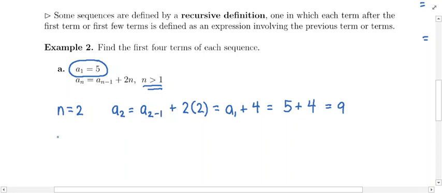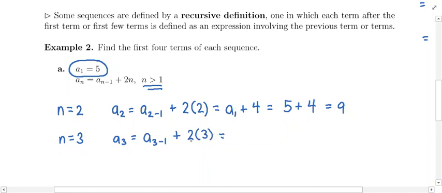Now let's get the third term. We need to plug in n equals 3. Follow the recipe: everywhere you see an n, plug in 3. a3 is going to be a with subscript n minus 1, so 3 minus 1, plus 2 times n, where n is 3.